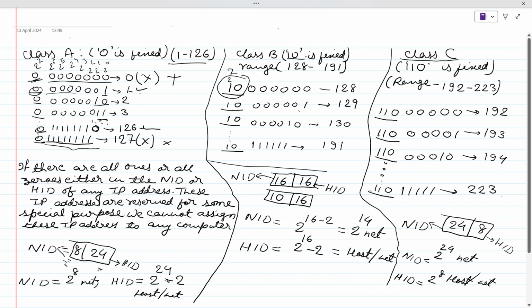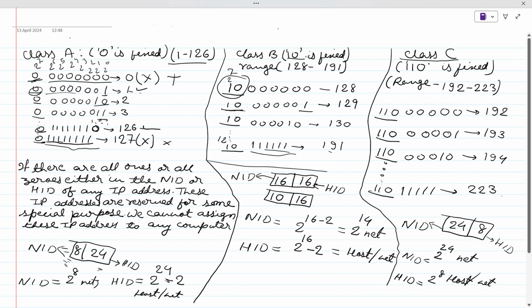Then if you keep the last digit as 1, keeping this 1 0 as fixed, you will get 129, 130, 131. In this way, finally if all the HID portion is all 1, you will get 191.